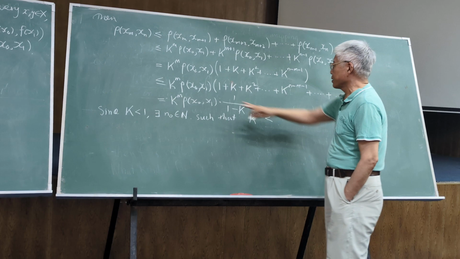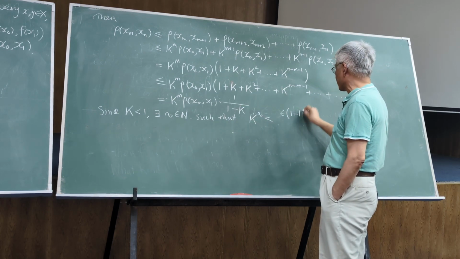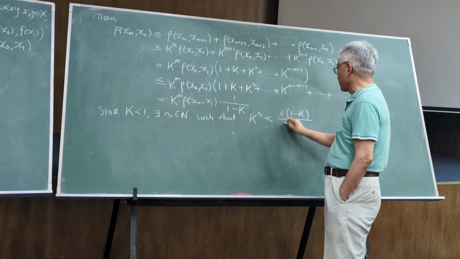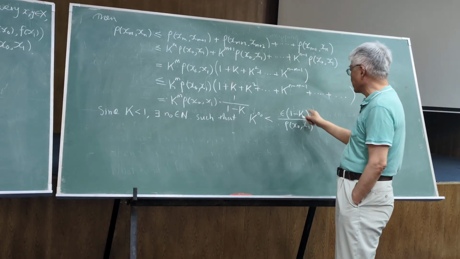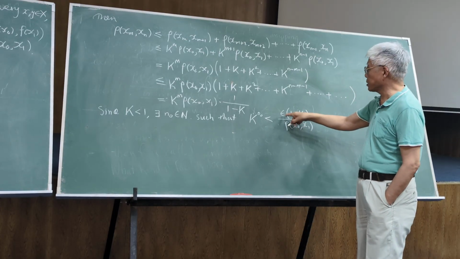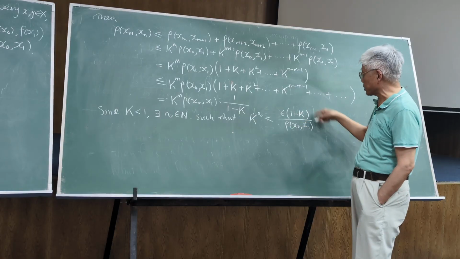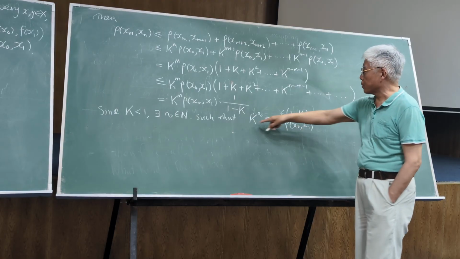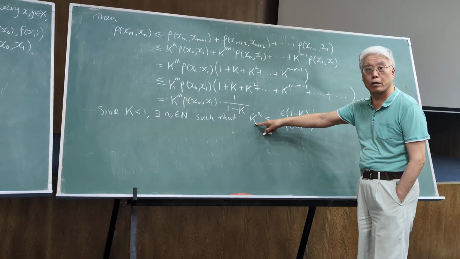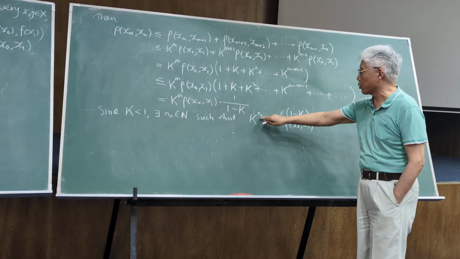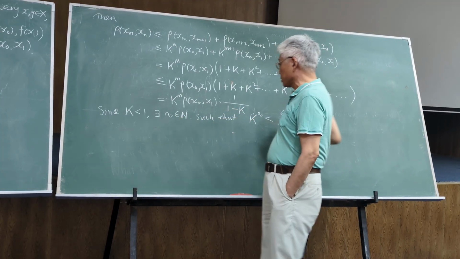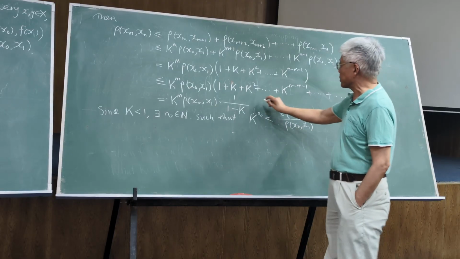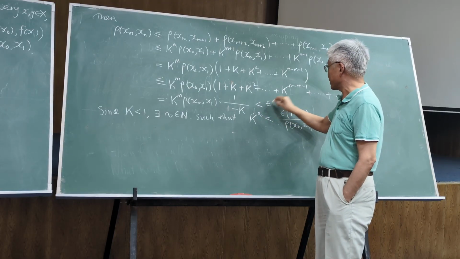Epsilon divided by this constant means multiplied by (1 minus k) divided by rho(x0, x1), because this is a constant. This is an arbitrarily given epsilon. This is a constant multiple of that epsilon, but that can be made arbitrarily small by taking a large exponent. So we take such an exponent, and it usually exists. Then this makes this less than epsilon, right?